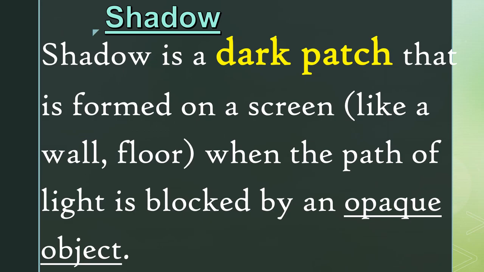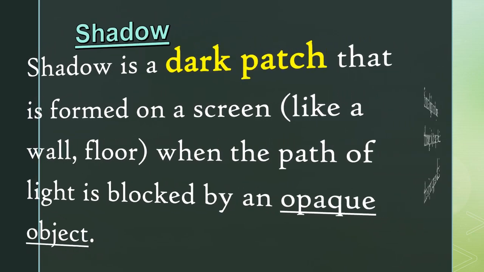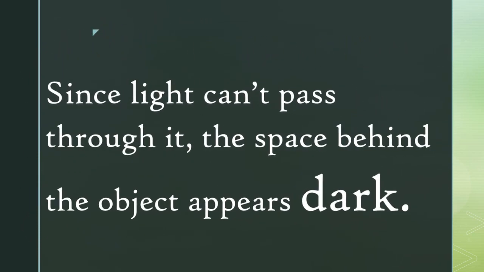However, regarding opaque objects, we are already aware from our previous videos that these are the objects which do not allow the light to pass through them, or we can say these are the objects which block the passage of light completely. Since light cannot pass through it, the space behind the opaque object appears dark.